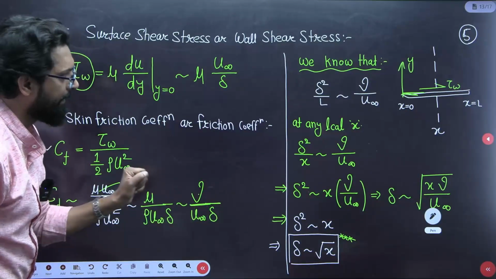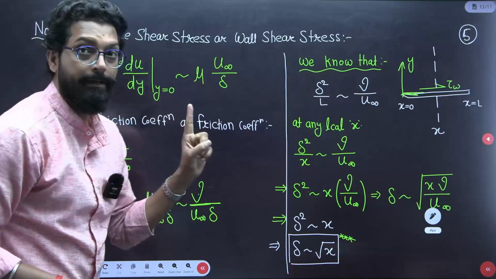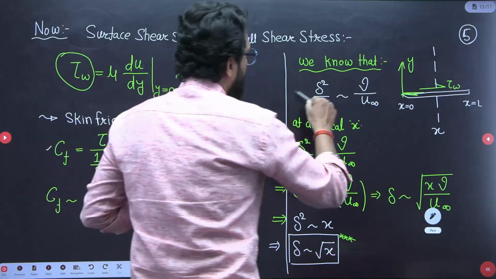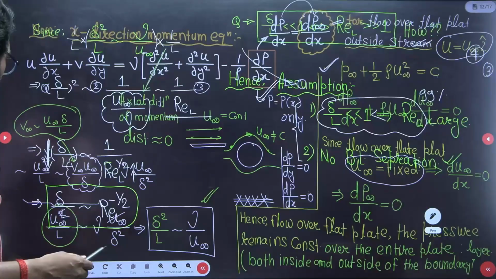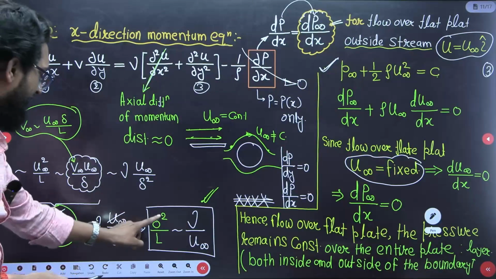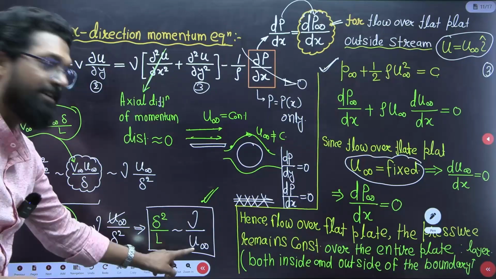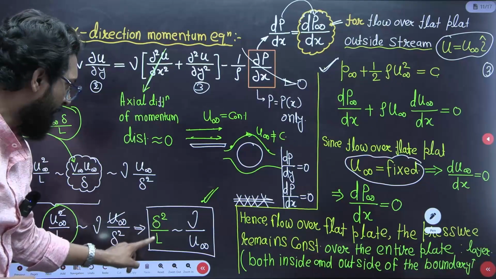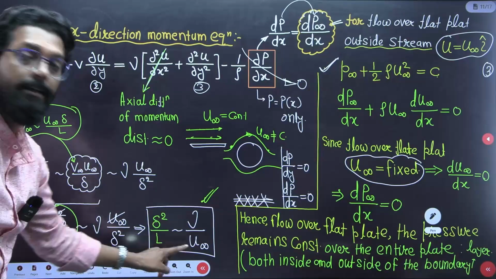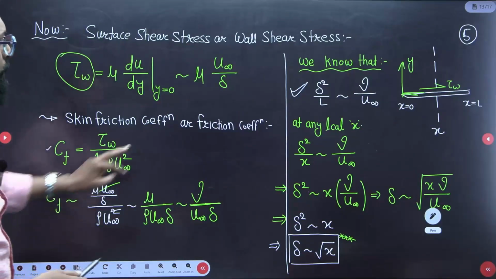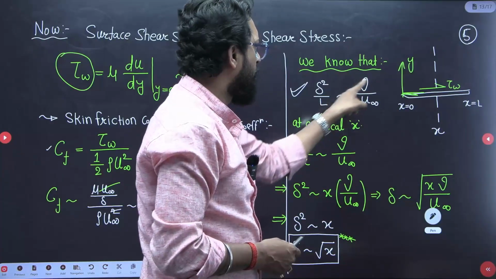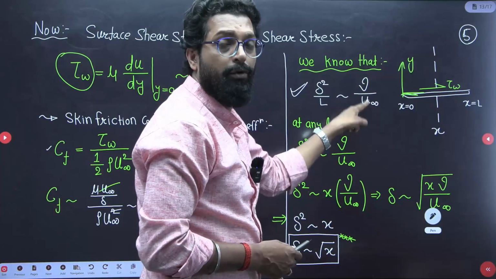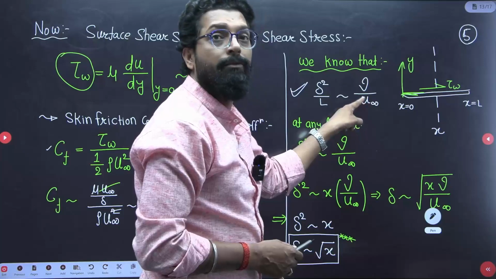Now my dear, we know this thing from the y momentum equation and x momentum equation: delta square by L is the order of nu by u infinity. So we can use this equation for the analysis.